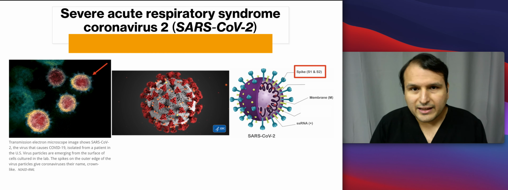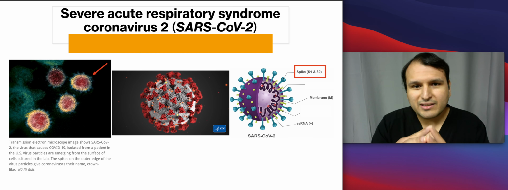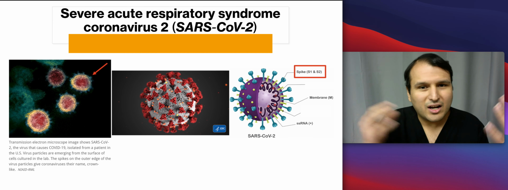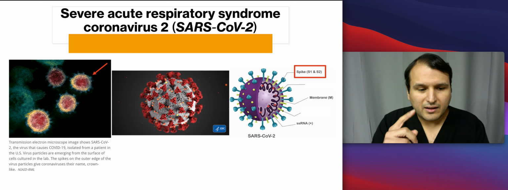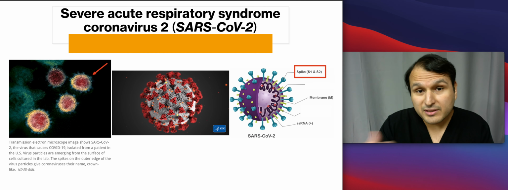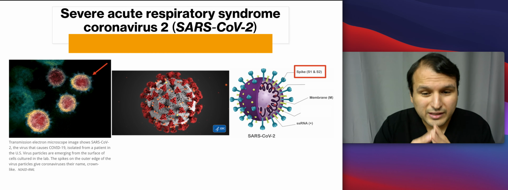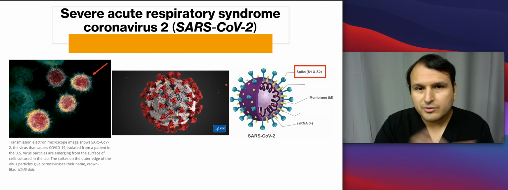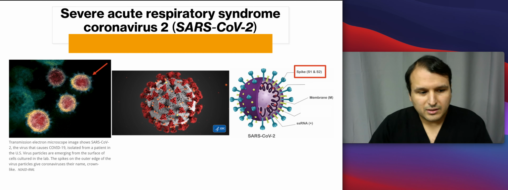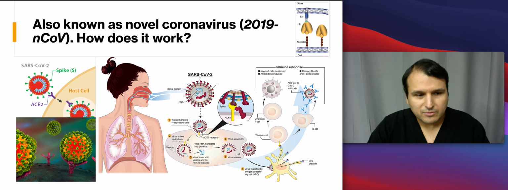Without the RNA, the virus is useless. It cannot replicate or make more copies of itself. It cannot produce proteins like the spike protein. Essentially, without the RNA inside of the virus, it doesn't do anything. It's innocuous, right? So let's push forward.